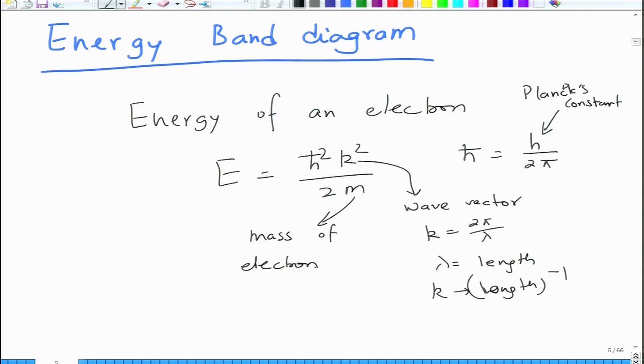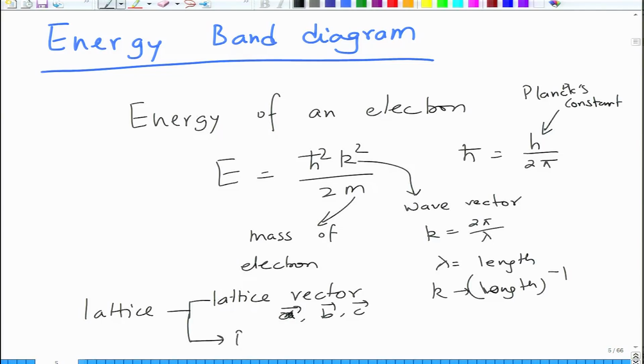Now in terms of lattice also we define what we call the lattice vector, which could be a, b, c. But the lattice also has a reciprocal lattice vector, which is A star, B star and C star, and the magnitude of this reciprocal lattice vector is inversely proportional to the magnitude of the real lattice vector.